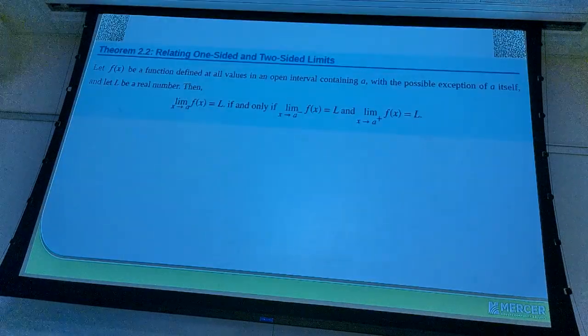So this is what I was saying earlier. The limit at A exists if and only if the limit is the same on either side. If you think of it in terms of graphs, that is really obvious.